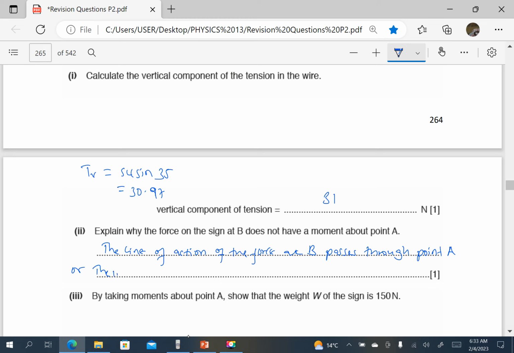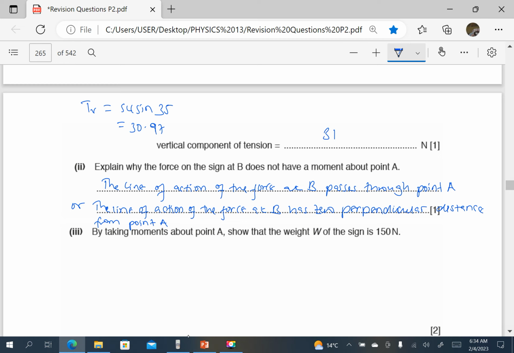So the line of action of the force at B has zero perpendicular distance from point A. Therefore, it has no moment.